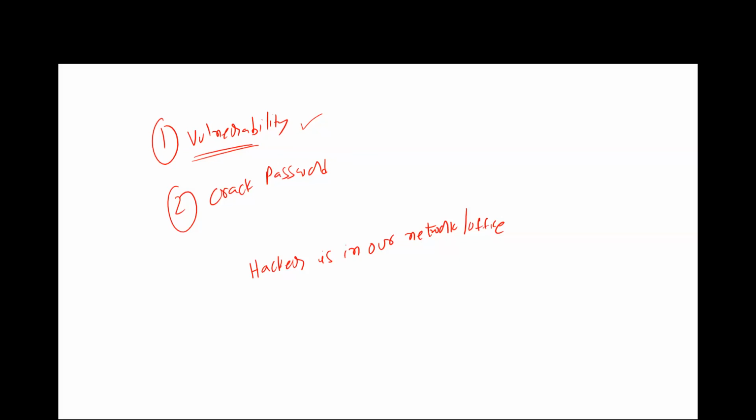And not only easy, practically speaking, for a hacker who is already in your network, footprinting is not required because the hacker already knows what operating systems and applications are being used in the organization, what range of IP addresses are used, and what kind of applications are being used, right?